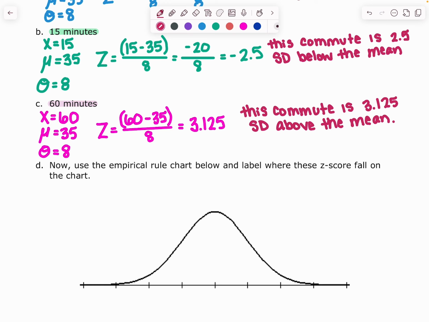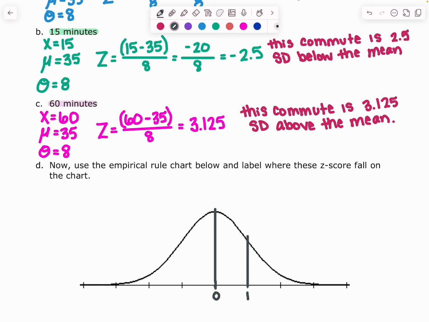So I have an empirical rule chart, a blank normal distribution. We're going to label where these z-scores would fall on this chart. So in the middle, this is where a z-score of 0 would be. If your commute was equal to 35 minutes, your z-score would be 0.